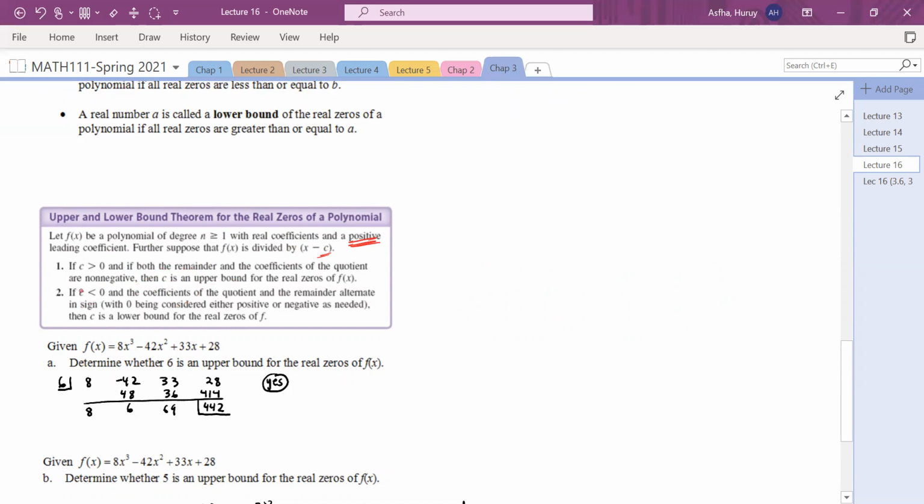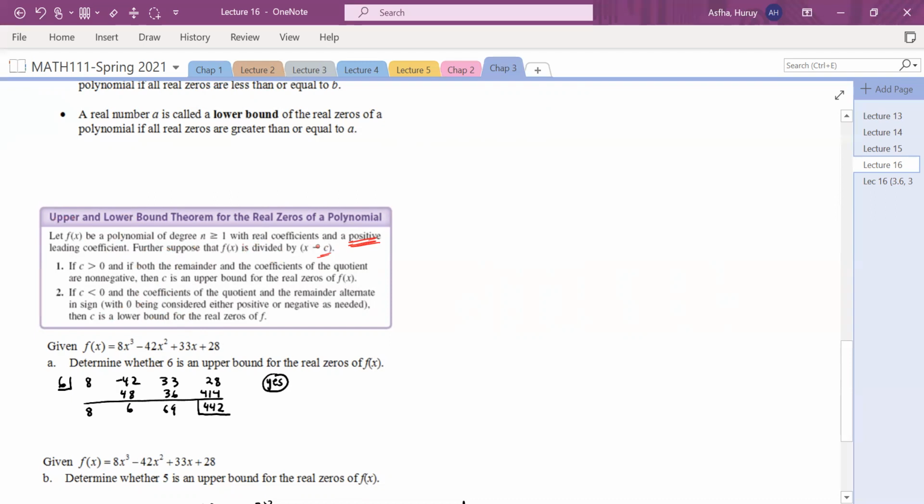Okay, and if c is less than 0, if this is negative, and if the coefficients of the quotient and the remainder alternate in sign, like positive, negative, and so on, or negative, positive, then c is a lower bound for the real zeros of f. Okay, so this is the concept of upper and lower bound. So we can determine whether c is an upper bound or a lower bound.